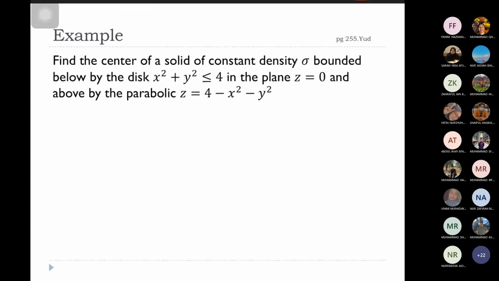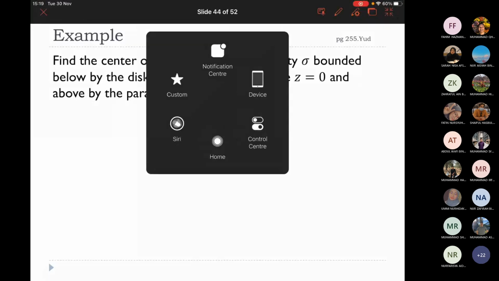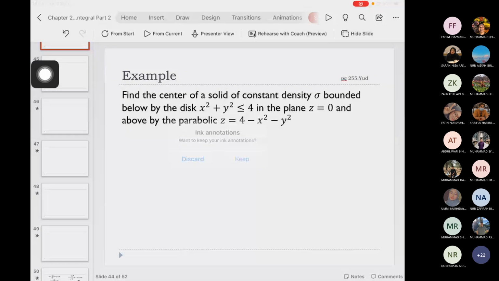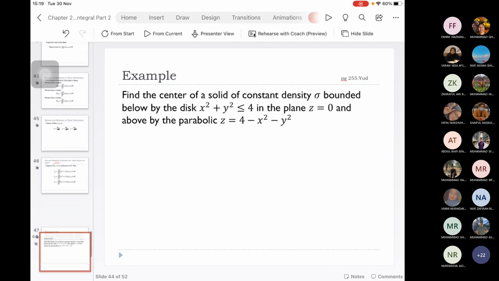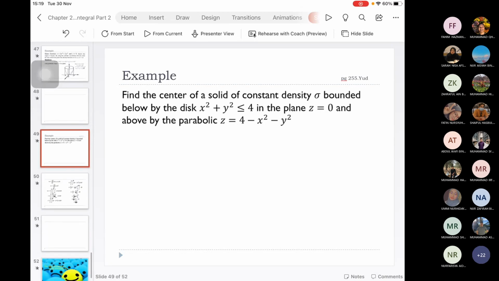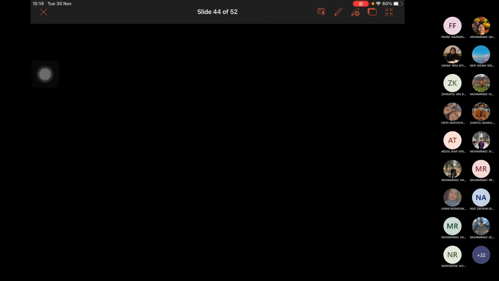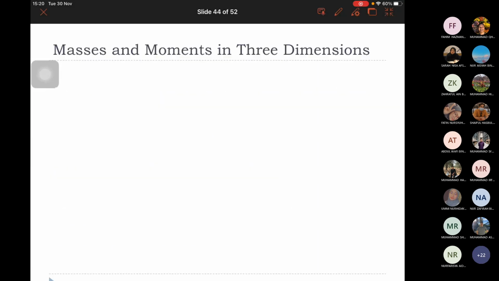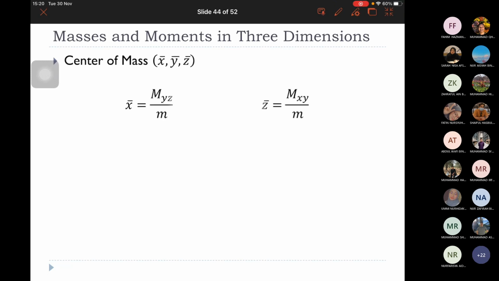So from here, we can use this notation in finding the center of the solid that we are interested in. So for the center of mass, x bar will be equal to Myz divided by the mass, the moment about the yz plane divided by the mass.